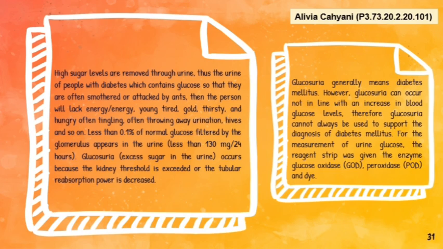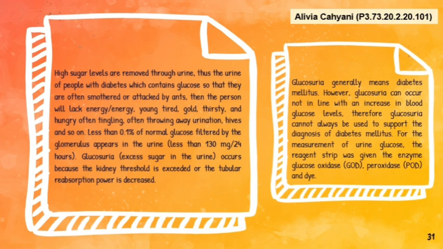Then the person will lack energy, be tired, cold, thirsty, and hungry, often have tingling, urinate often, and so on. Less than 0.1% of normal glucose filtered by the glomerulus appears in the urine, less than 130 mg per 24 hours.